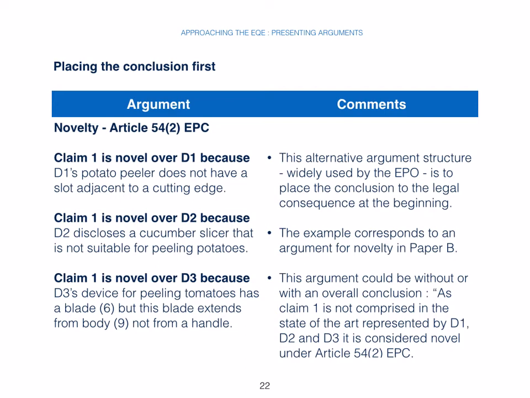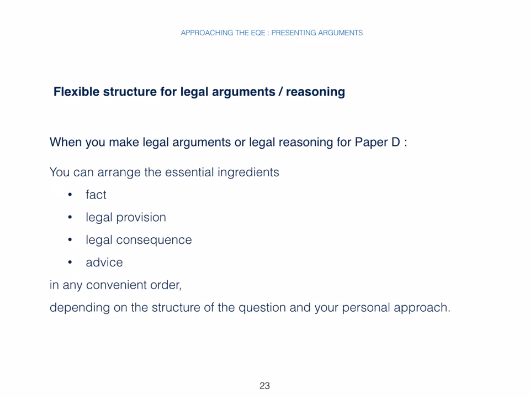Now we turn to legal arguments for paper D. When you make legal arguments for paper D, you can arrange the essential ingredients of the argument, that is fact, legal provision, legal consequence, and advice, in any convenient order, depending on the structure of the question and your own personal approach.